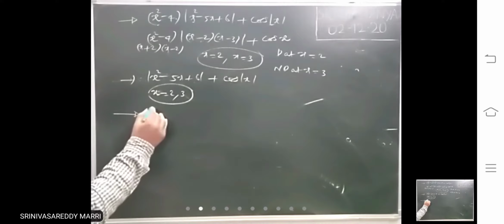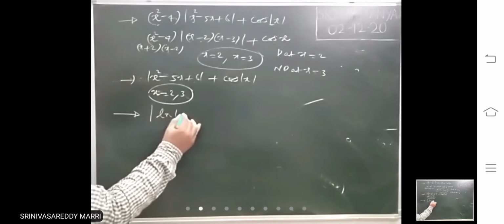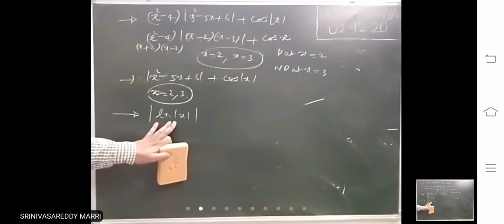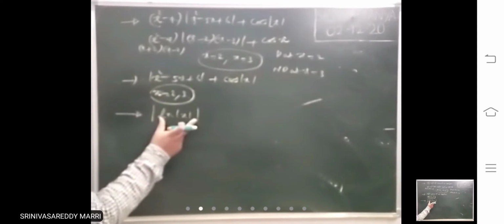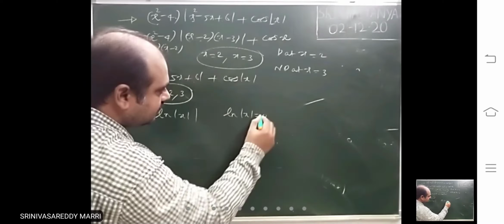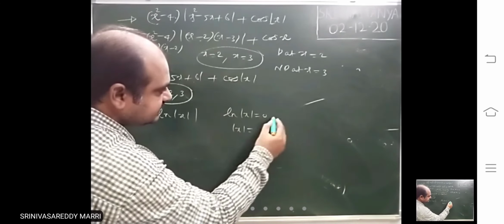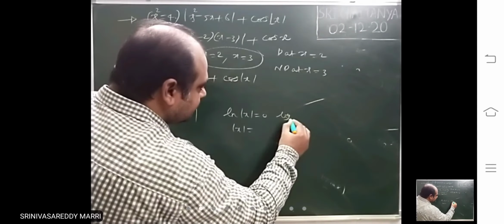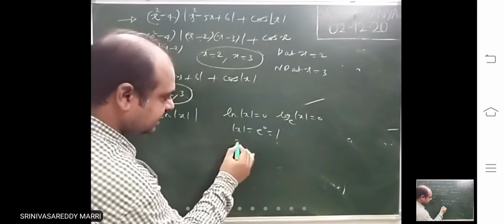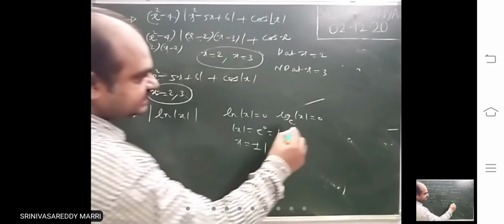Suppose another example. Modulus ln modulus x. At which points this is not differentiable, you have to write. So that means this equal to 0. This is to the base e, so e power 0 is 1. That means what? Plus or minus 1. Inside, modulus x is also there.